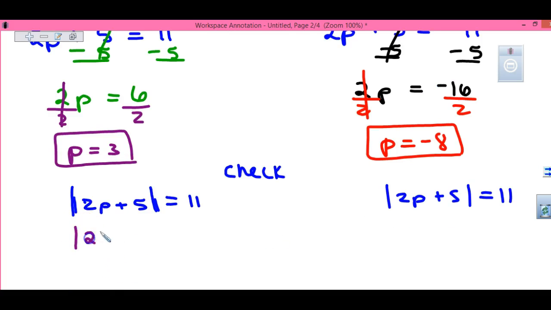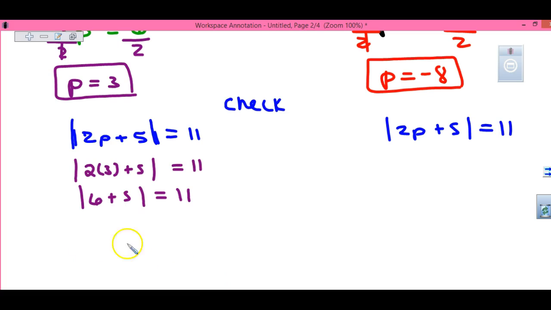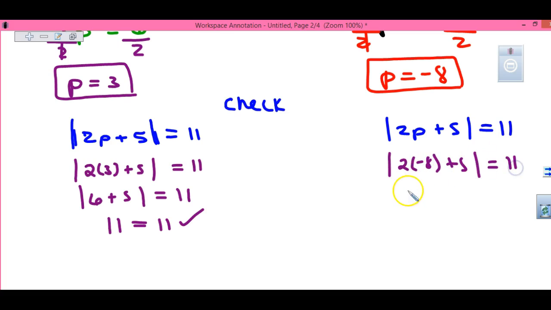This means the absolute value of 2 times 3 plus 5 should equal 11. 6 plus 5 should equal 11. 11 equals 11. This is correct. 2 times negative 8 plus 5 should equal 11. Negative 16 plus 5 should equal 11. This is true. They're both true.